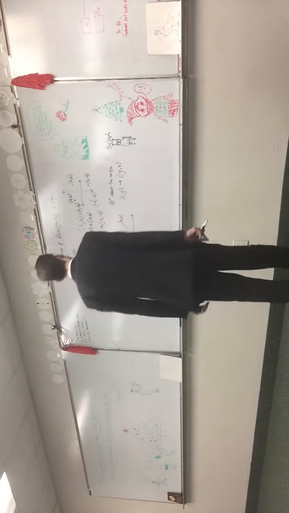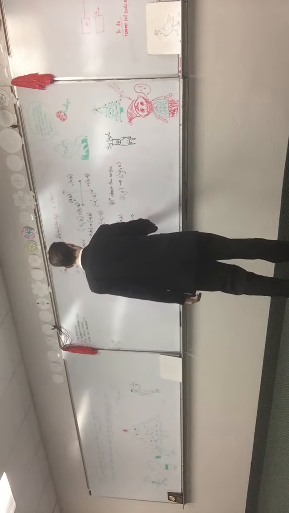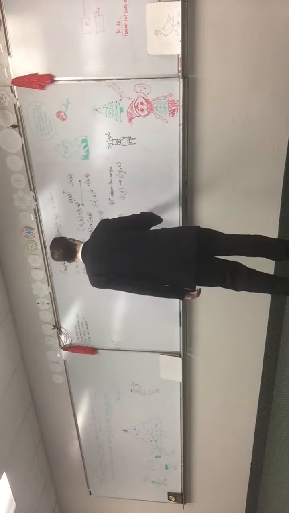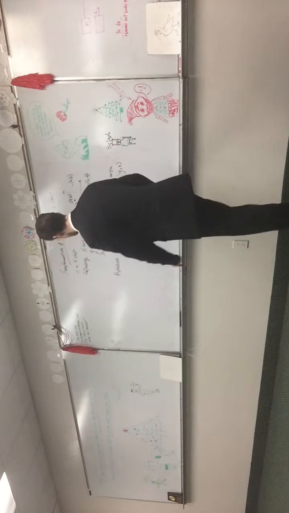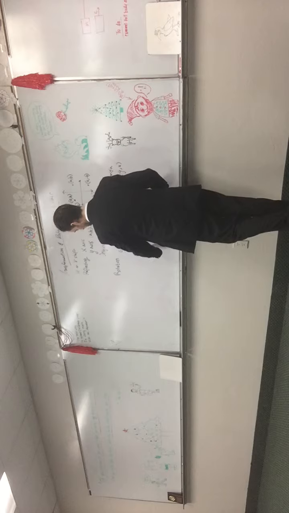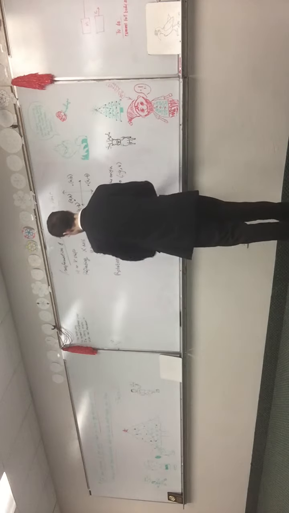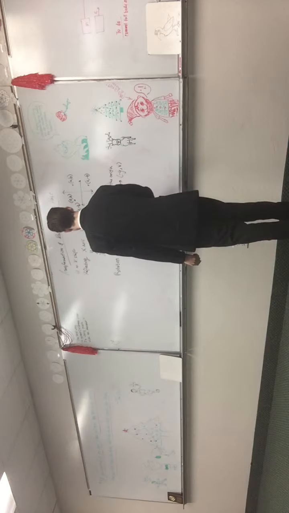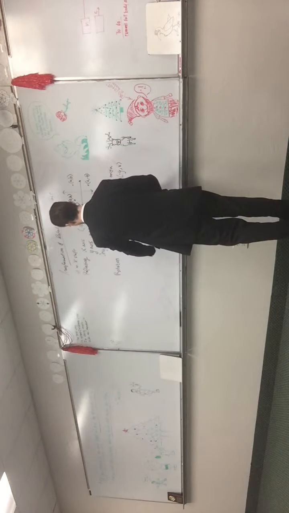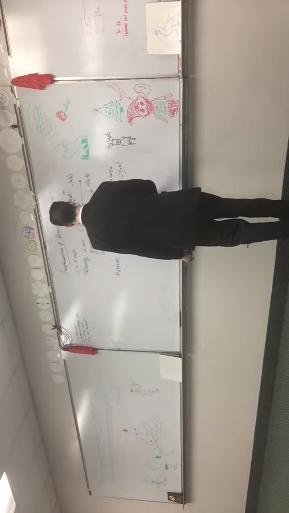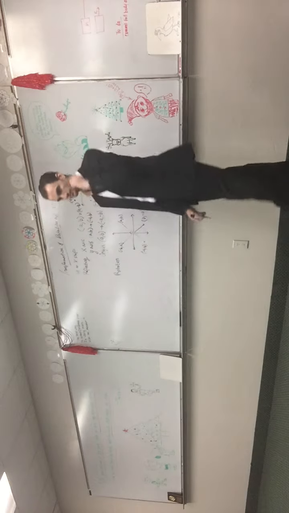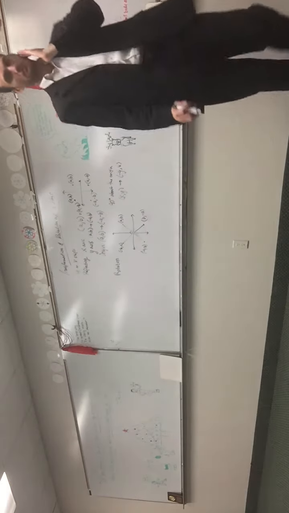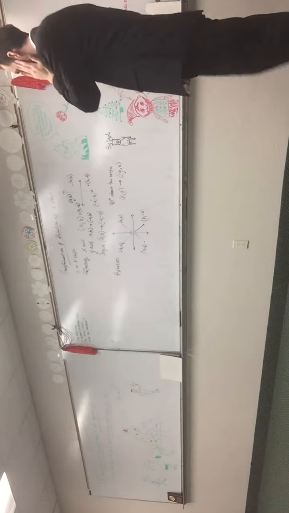All right. So if I rotate another 90 degrees, I swap and reverse, right? So negative B becomes positive B, and then negative A swaps to make negative A. Cool?